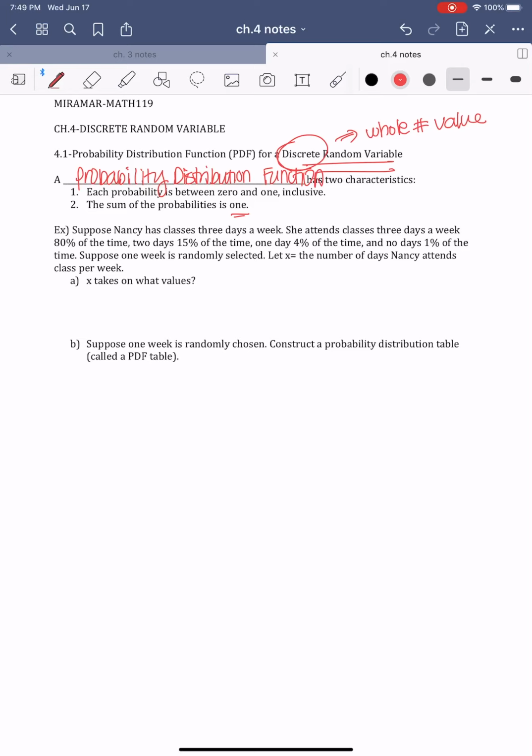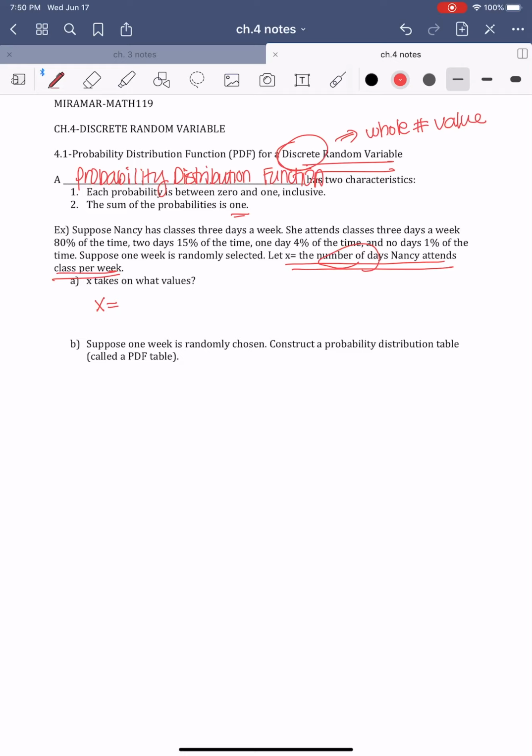All right, so let's first answer part A. X takes on what values? X is your discrete random variable. I'm going to first identify what X is. Well, actually, the problem wrote what X represents. X is the number of days Nancy attends class per week. So it's a number of days. So it has to be a number, okay?